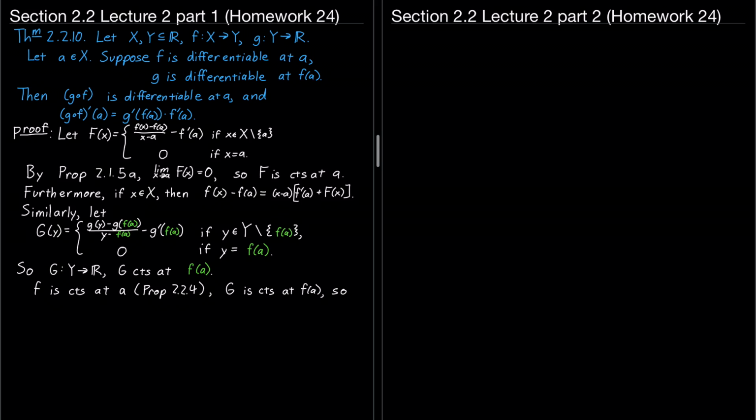So here's the thing to notice. Big G composed with f is continuous at a, and that goes all the way back to section 1.7. This is proposition 1.7.4 on composition of continuous functions.